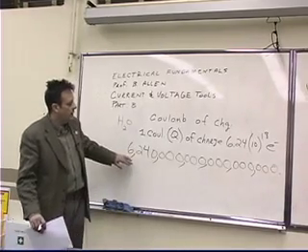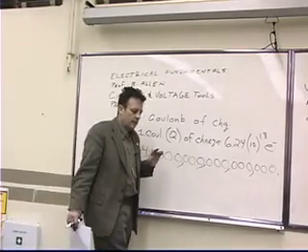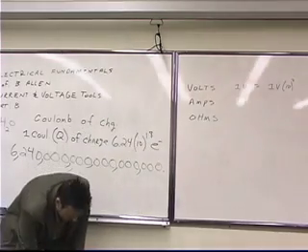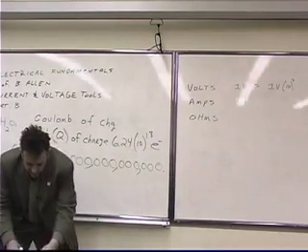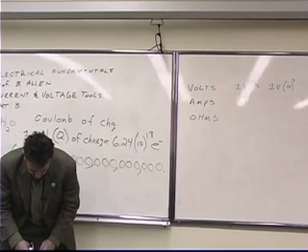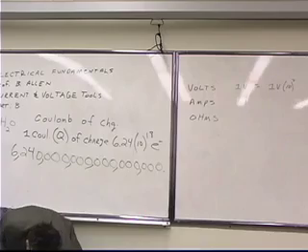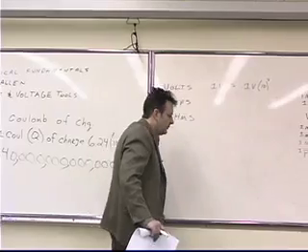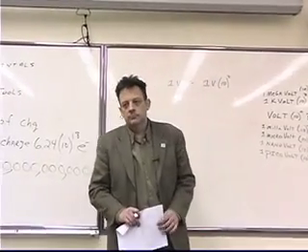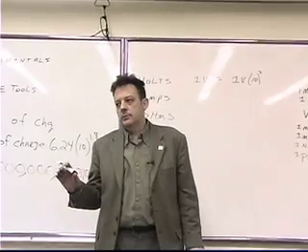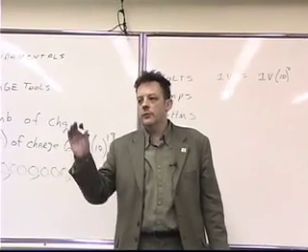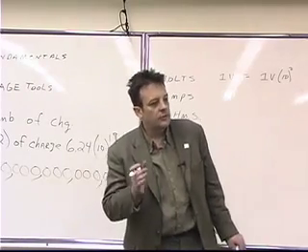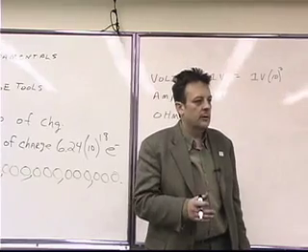The point here is that an electron is extremely small. Nevertheless, when we talk about current that's flowing through a piece of wire, we need to understand what it is that's happening.